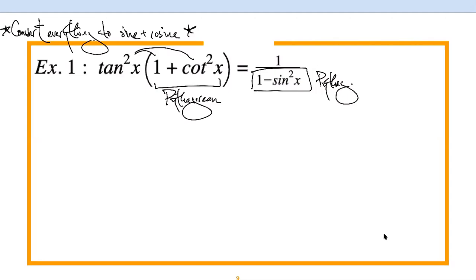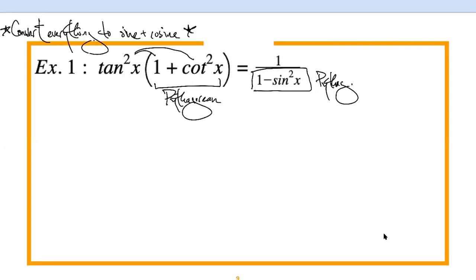But here's one thing I want us to be really careful about. When we are doing proofs, we need to pick one side of the equation, one side of the identity. And we can only work with that side.